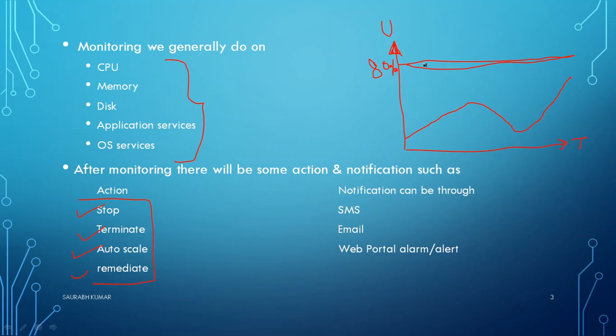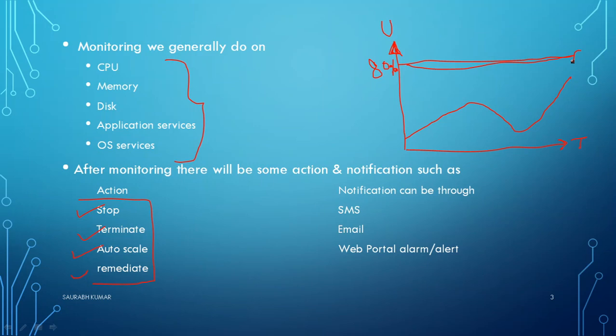If my machine's processor utilization goes beyond it, when it goes more than 80%, that means it has crossed my threshold. And that is the condition where I want to get the notification or do some action. So I hope you understood the meaning of threshold here.